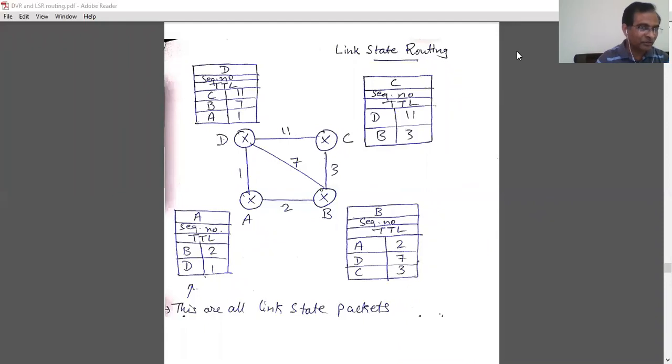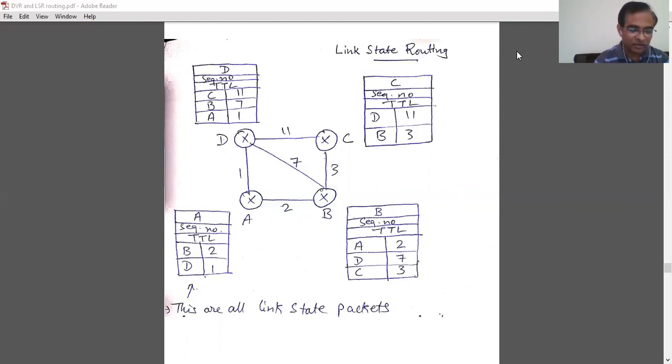Let's take it forward. So the same example, A, B, C, D routers are there, and 1, 2, 3, 11, and 7 are the different weights. So these are all link state packets, and in the first round every node will find out who their neighbors are, what the links are and what the distances are. How could it be done?